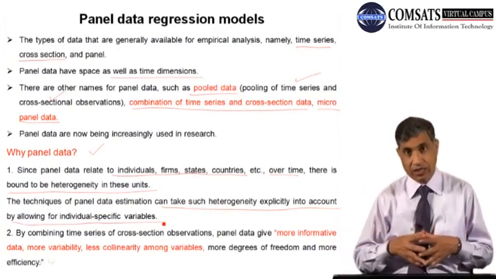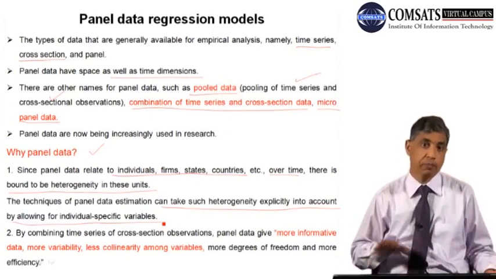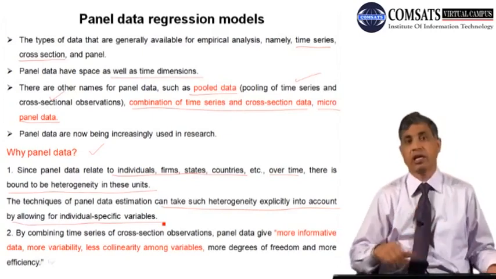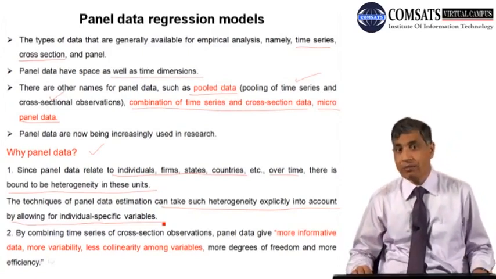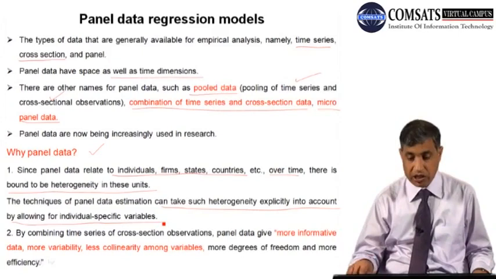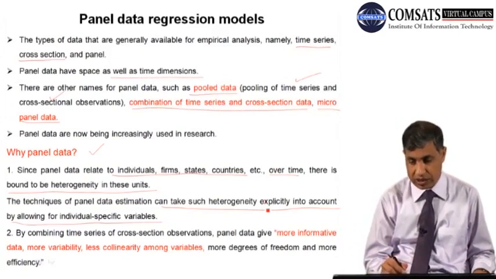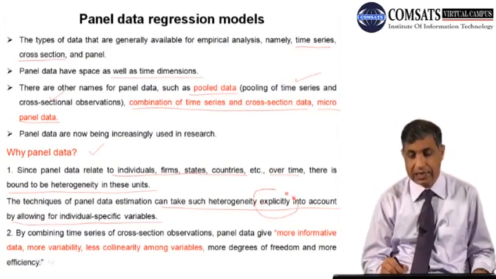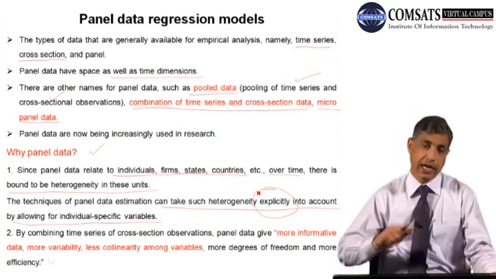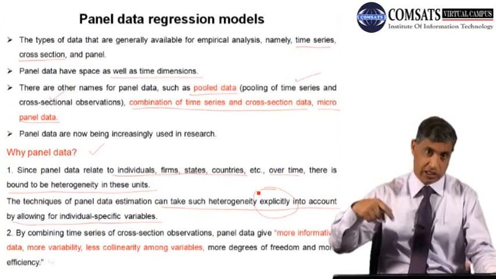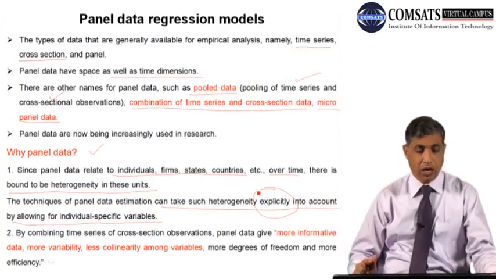If such a thing is there, no need to worry. In the panel data estimations that we are going to discuss, we will come to know that these are explicit. This word is very important: these techniques know that there is heterogeneity in the data, and they have already taken care of this.